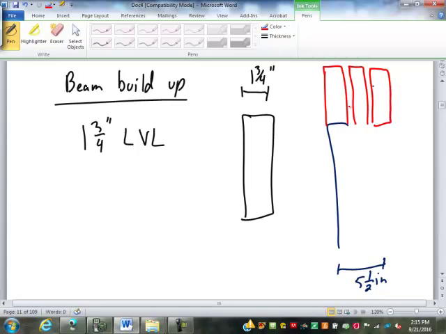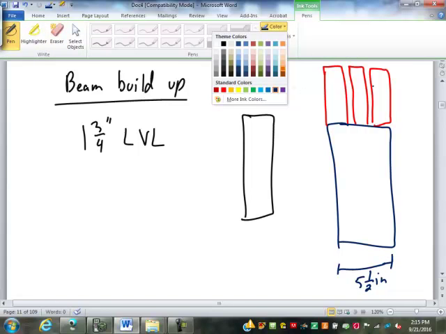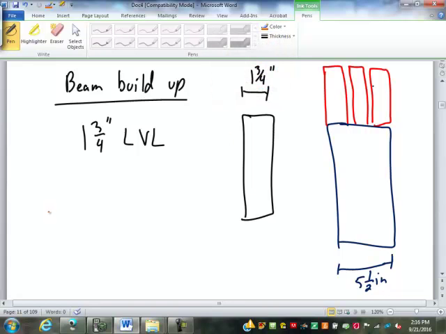I have to redraw my wall. We've already discussed my lack of artistic talent. There we go. Now notice I left space between the beams, the LVLs. The reason for that? How much would 3 LVLs cover?